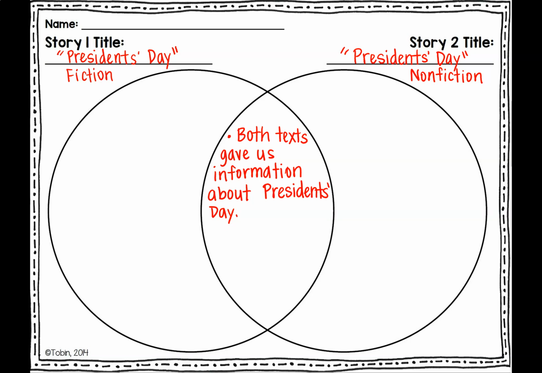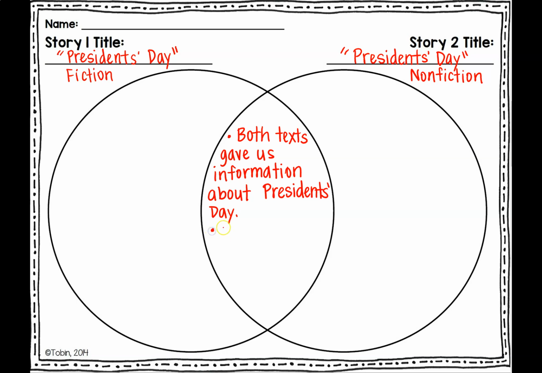Okay, another thing, let's think about, was there one president that both texts mentioned? Let's think back through what we read. Did either of the texts mention one president that was the same? I'll give you a hint. It was the first president.